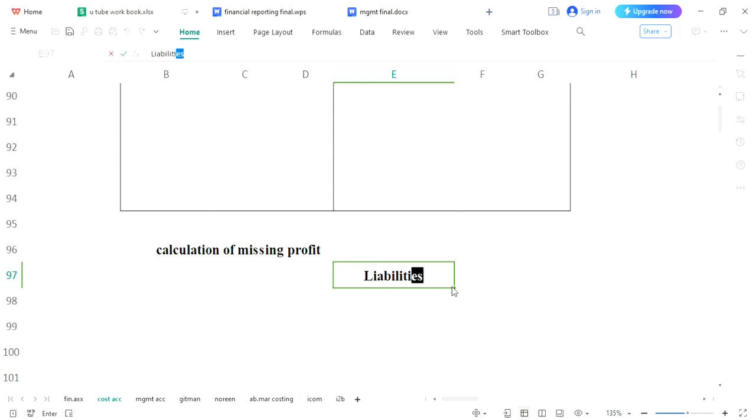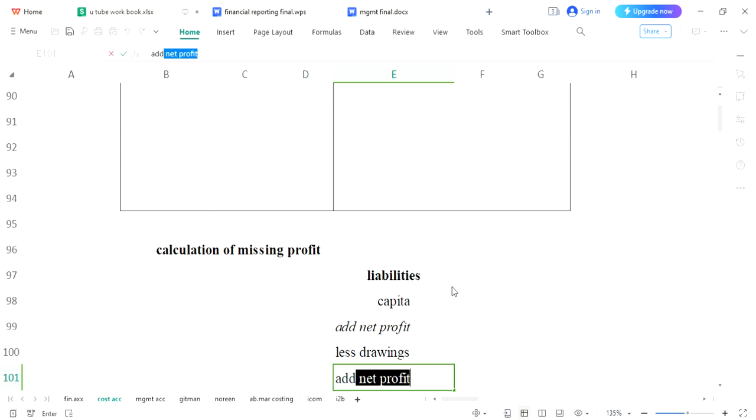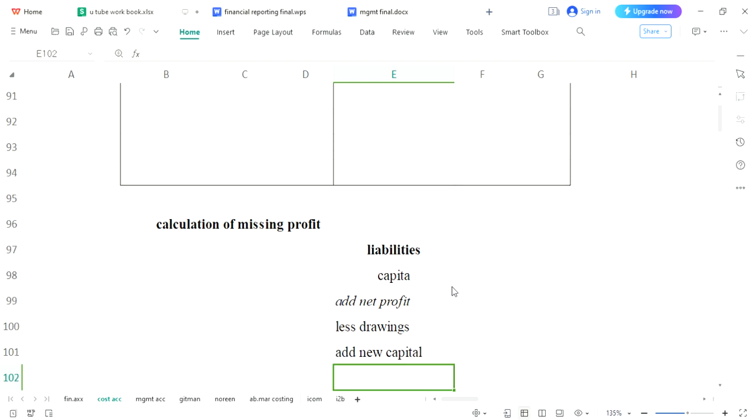Liabilities, what do we write in liabilities? In the balance sheet, first of all we write capital, then we add net profit, then we subtract drawings, and then after drawings, if there is any additional capital, we will add new capital, after which finally we will get our closing capital.